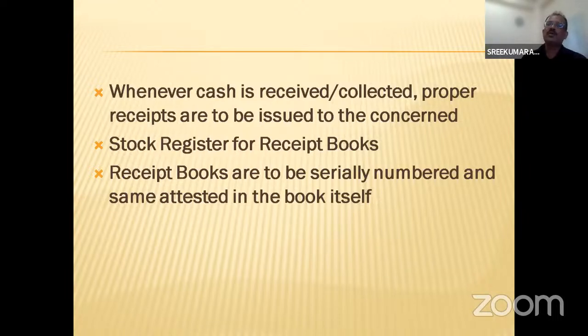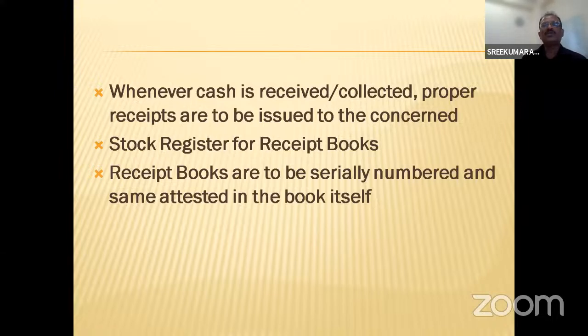Proper maintenance of the stock register is a must in order to avoid any sort of manipulation. Because if you go on printing without any stock, then duplicate receipts can be issued. For a person, that receipt is good enough, he will be happy. But then that amount need not come to our office or in the book.